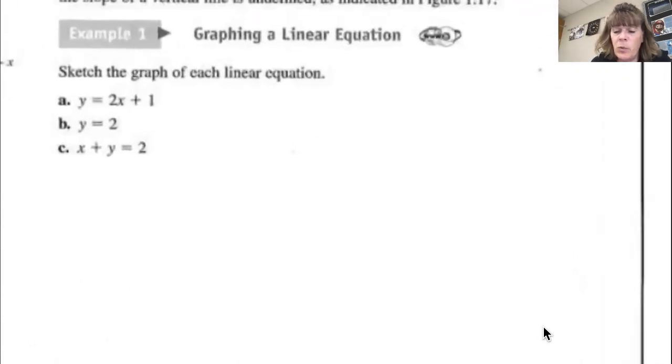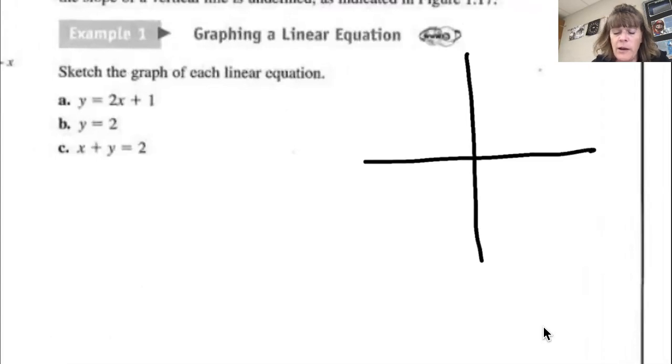Okay, so in example 1, we have a few different equations we need to graph. We'll graph this one in red, this one in blue, and this one in green. Let's start with our red one. It's y equals 2x plus 1.